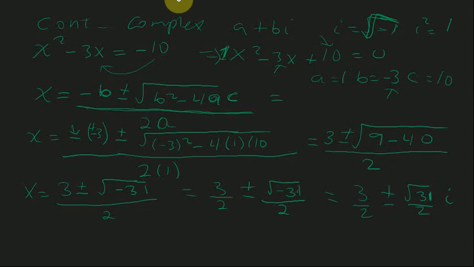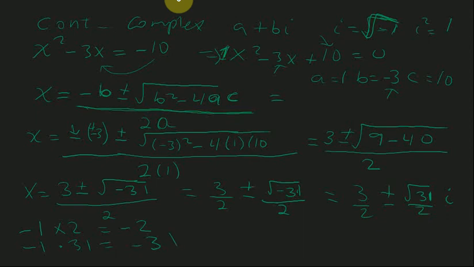So if I have negative 1 times 31, I get negative 31.